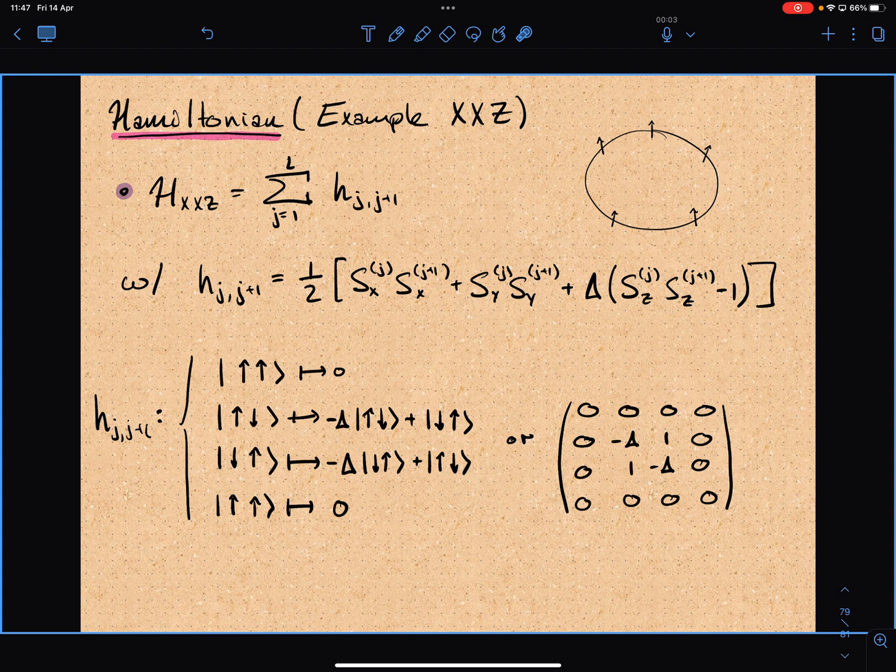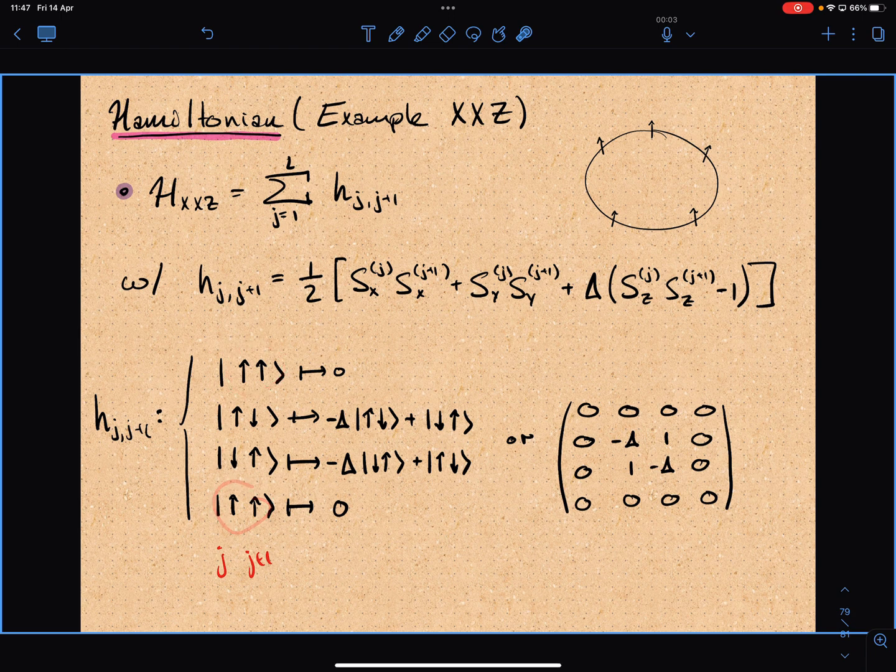We'll pick it up in a bit, but if you actually look at the action of this local operator on j and j plus 1, if this is the configuration at sites j and j plus 1, then this is only acting on these two adjacent spin particles. And if they're both spin up, nothing's going to happen.